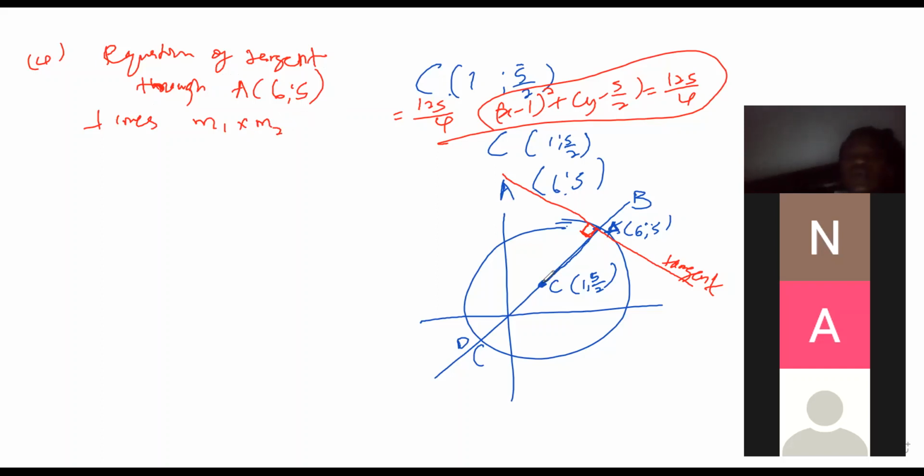We already know the equation of line AB: 2y minus x minus 4 is 0, which is 2y is x plus 4, divided by 2, y is half x plus 2.